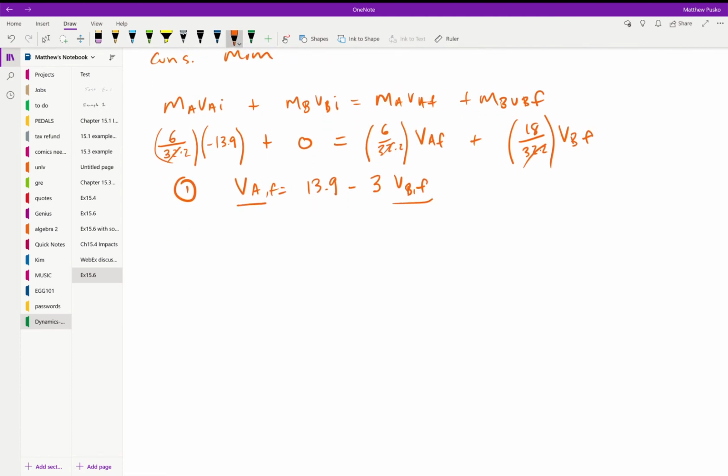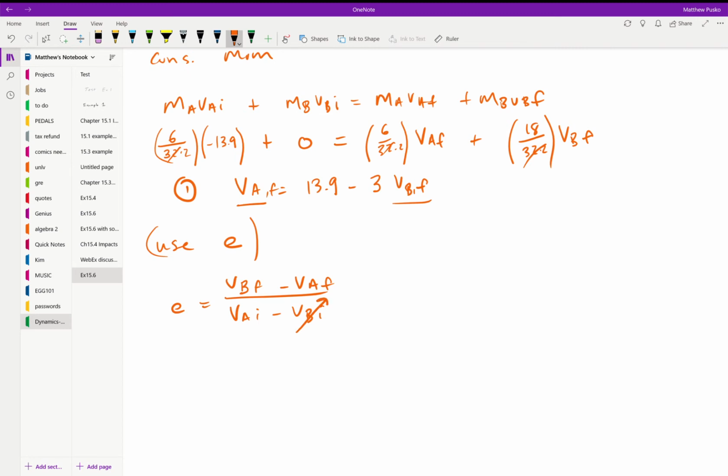Notice we have 2 unknowns. This means we're going to have to use the coefficient of restitution e. So let's do that. I'm going to go ahead and write the whole formula. e is equal to the velocity of B final minus the velocity of A final, divided by the velocity of A initial minus the velocity of B initial.